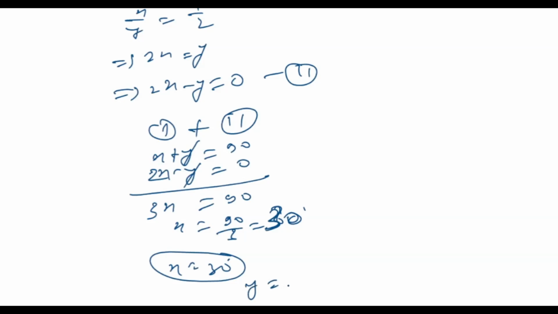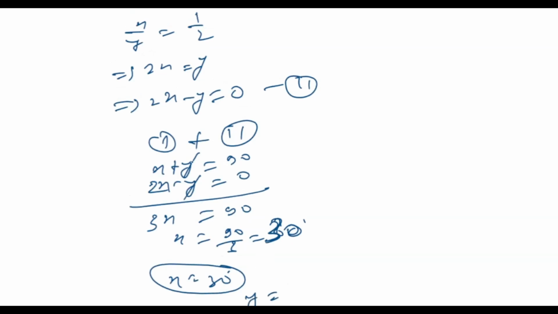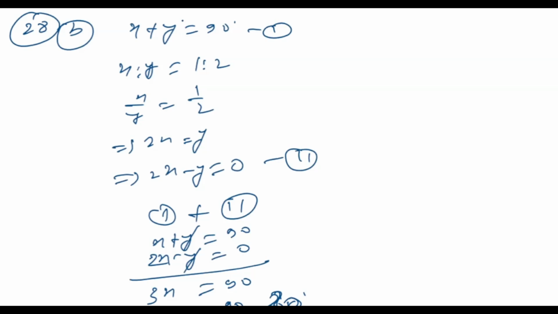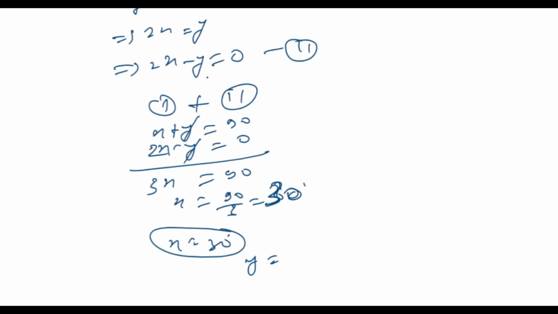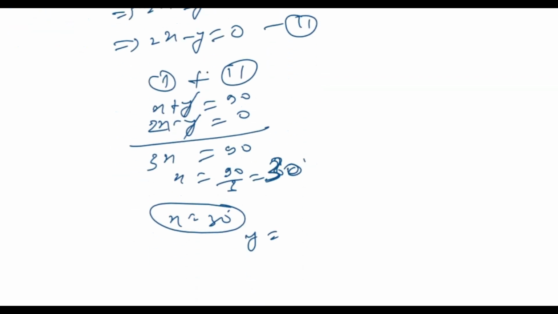So what will be the value of y? Put the value of x in any of the equations, it gives you the value of y. Here equation 2, putting the value of x in equation 2.